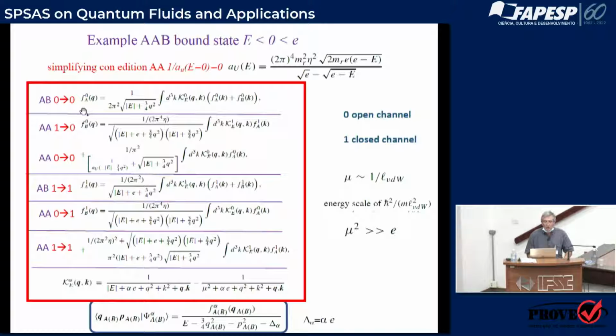And of course, I have one reduced wave function more because AA is different from AB. But here, for simplicity, I assumed the same mass. This is just to have some idea on how this three-body force can arise. And then you can immediately see, here I have 1 going to 0, so closed to open channel.